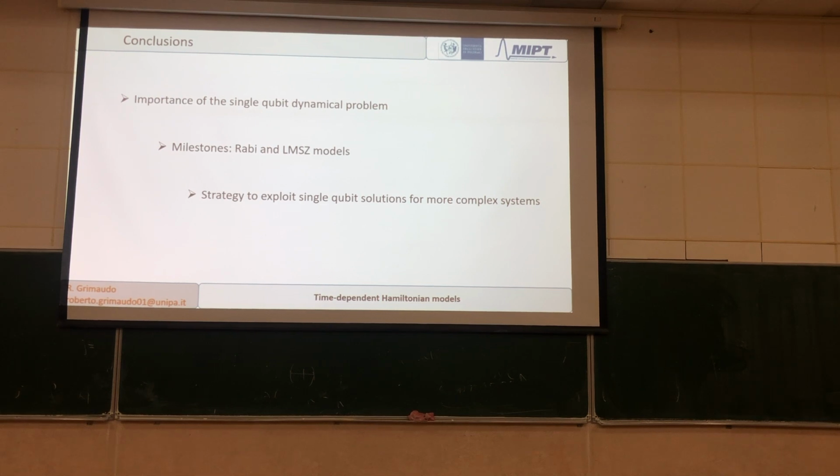We saw what the Rabi model and the Landau-Zener one consist of, which are the two most famous exactly solvable two-level dynamical problems. And we saw a possible generalization of the Rabi model and the application of the Landau-Zener solutions to a more complicated system, which is the one of two interacting qubit systems.